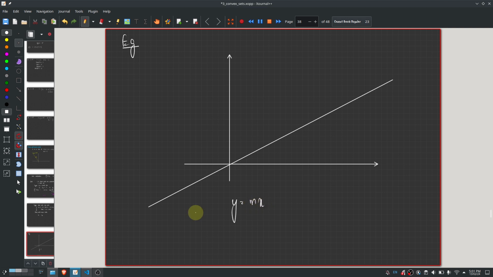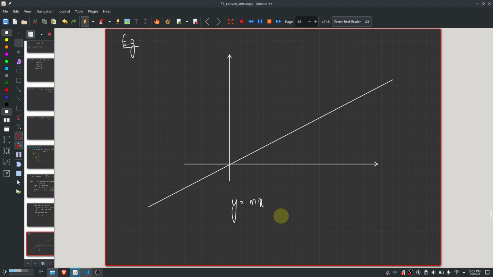Which means that if (x, y) lies in the line, then alpha times (x, y) should also satisfy this equation, right? But in general, what is the equation of a straight line? I'm talking about in Rn.